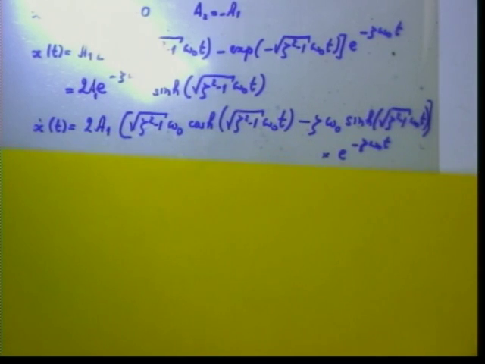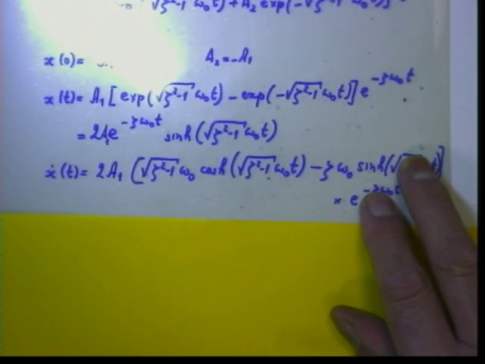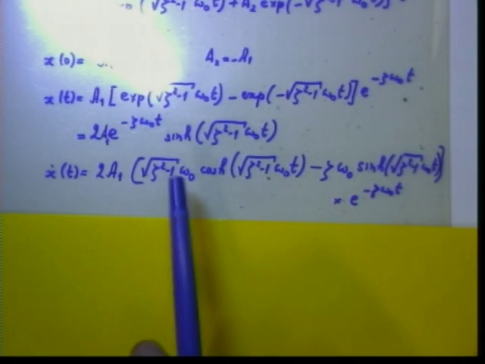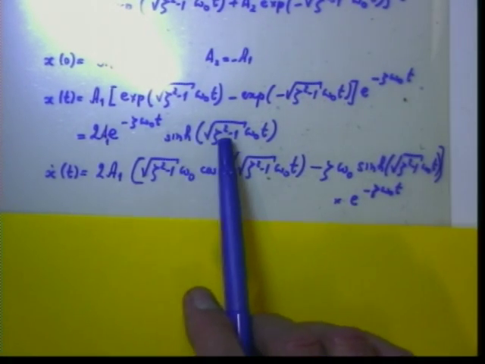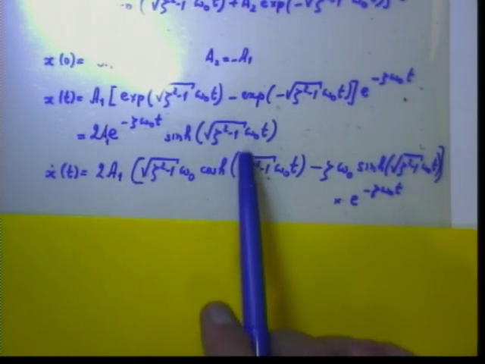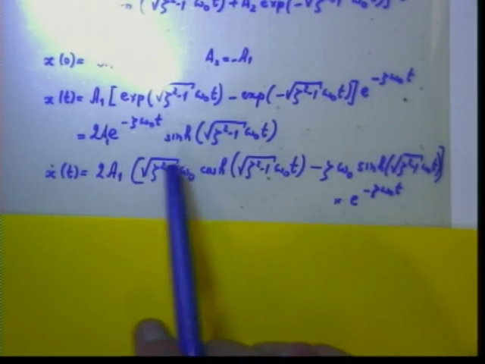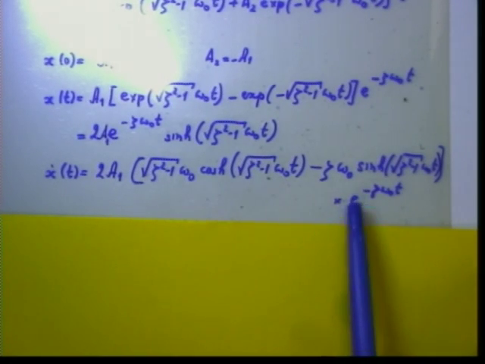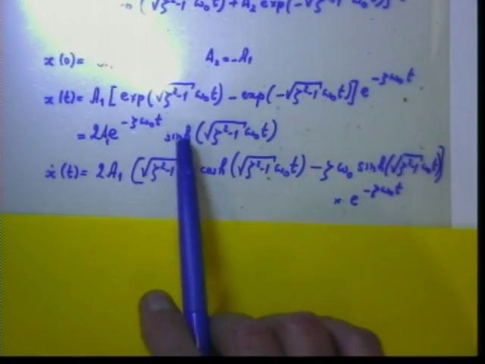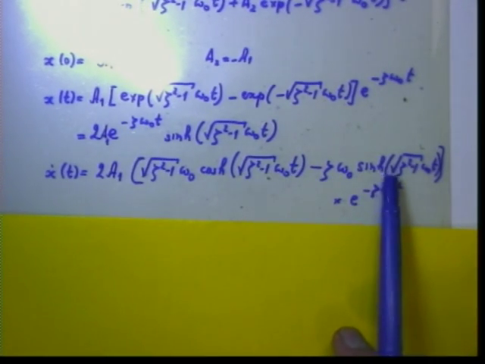Now we calculate the first derivative. When I differentiate sinh, I get cosh with this argument; when I differentiate the argument, I get square root of zeta square minus 1 omega sub 0. Then this stays intact and appears here. Then I leave it alone and differentiate this factor, and I get minus zeta omega sub 0 sinh.